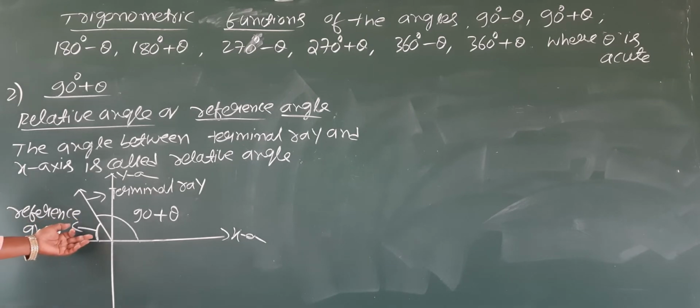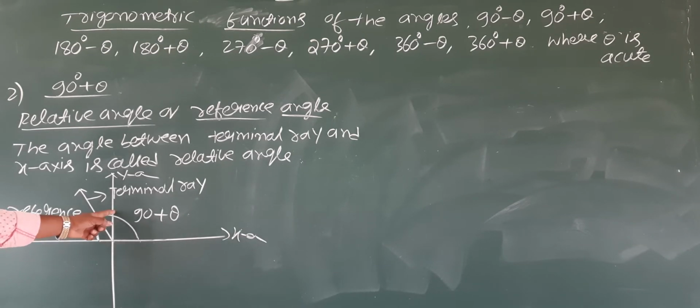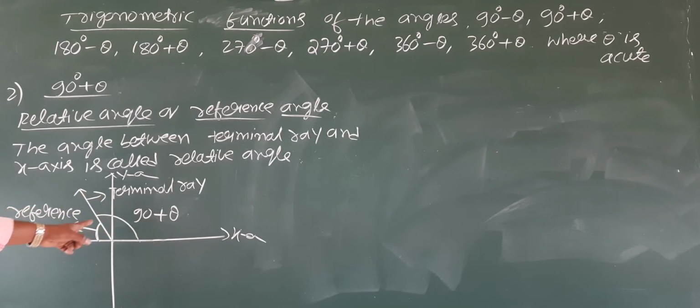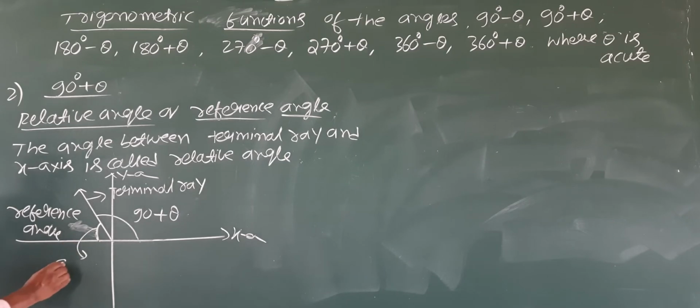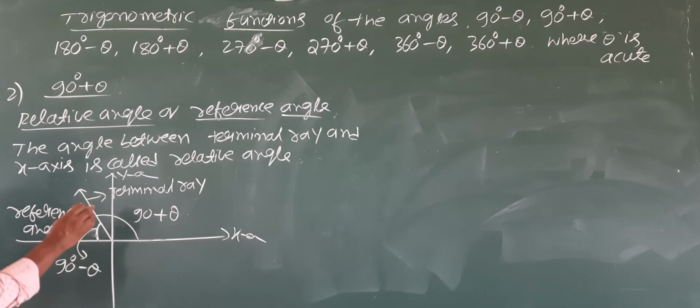So tell me the measure of this, students. 90 minus theta. Am I correct? Because the sum of these two should be 180. Minus theta plus theta get cancelled, and it should be 180. So this reference angle is 90 degrees minus theta.